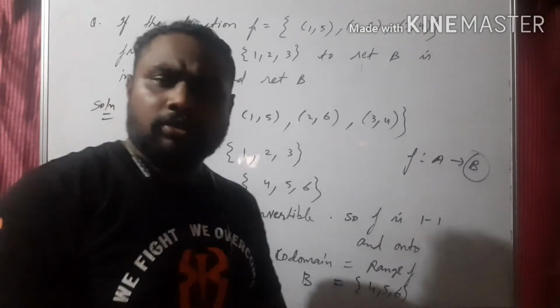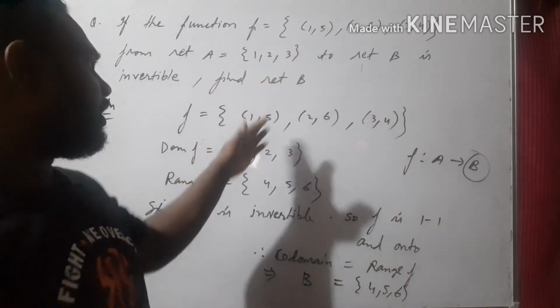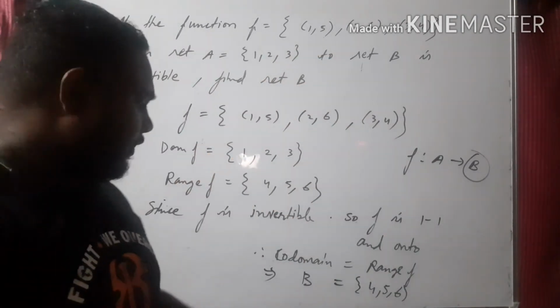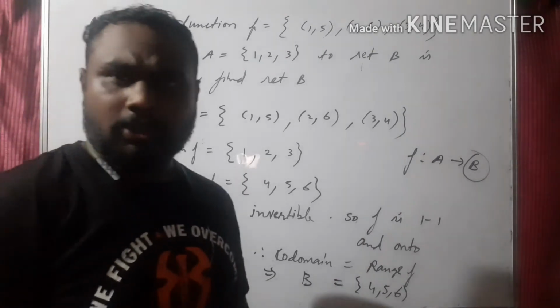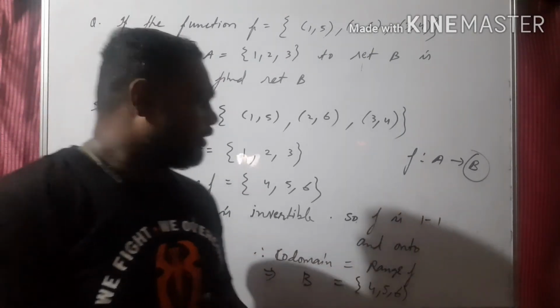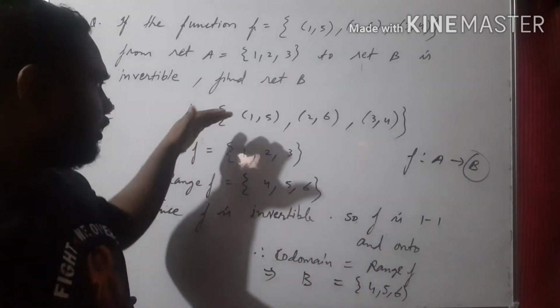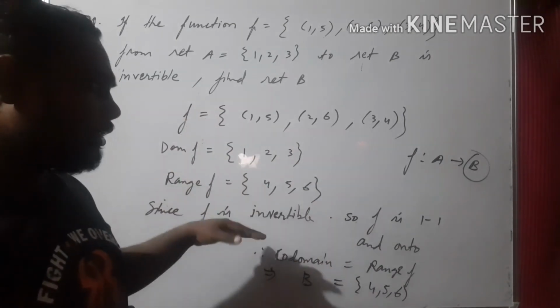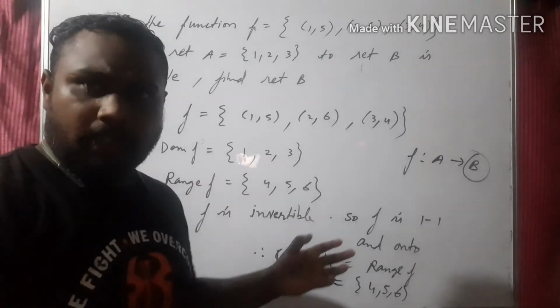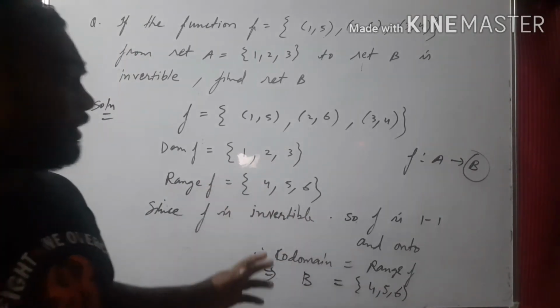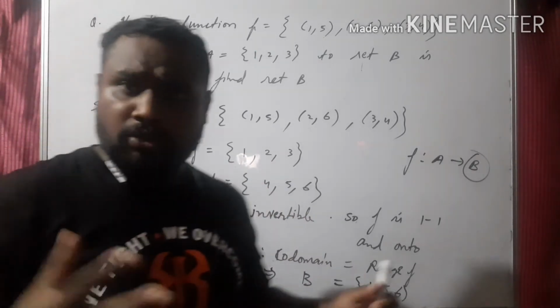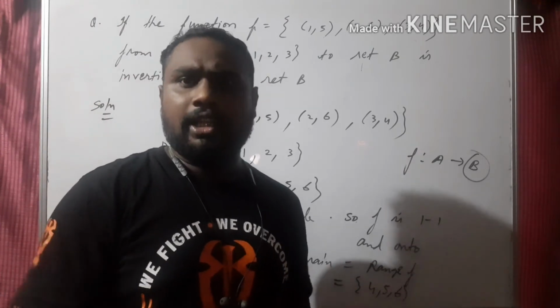So directly also we can write the answer: B will be 4, 5, 6 because it is invertible. But those who don't know how to do it, if you go like this, you will understand why we are getting the set B equal to 4, 5, 6. But whoever knows the concept clearly can write it directly also.